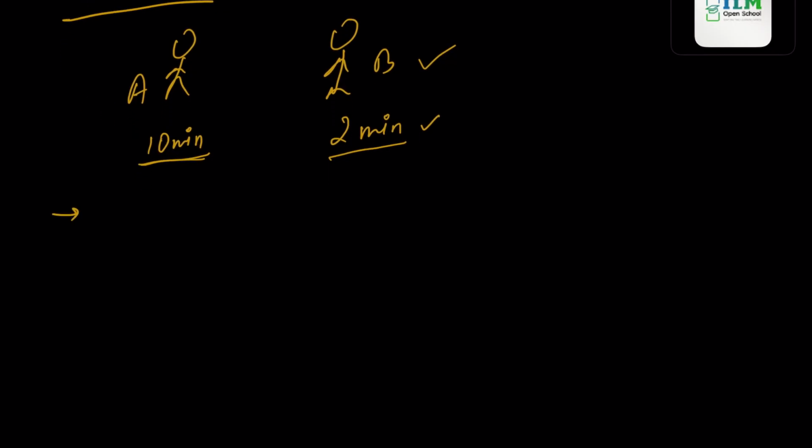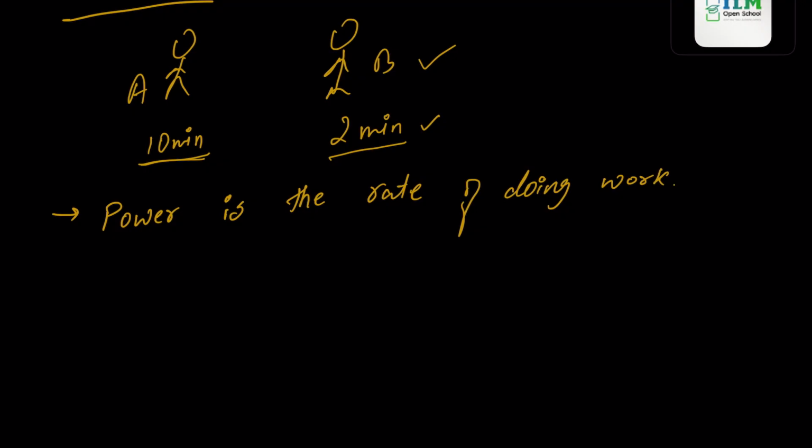So that's why the definition of power is that power is the rate of doing work, that is, in how much time the person is doing that work. If a person does the same work in less time, then he is more powerful. If it takes more time, he is less powerful, as we say in our general daily life.